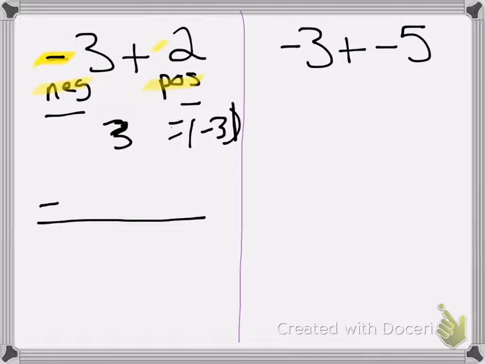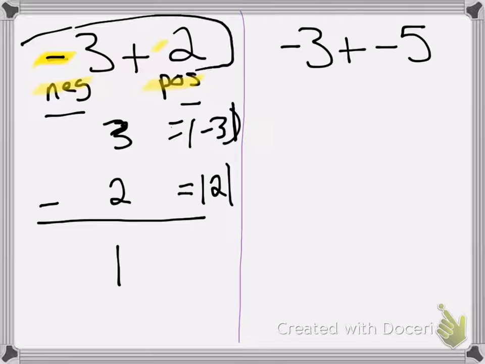Now we take the absolute value of 2, which is 2. 3 is going to be bigger than 2, so that's why we have it on top. 3 minus 2 is 1. But which one was bigger, 3 or 2? Well, 3, the absolute value of -3, was the bigger number. So we keep the sign of the bigger number, which is -1.